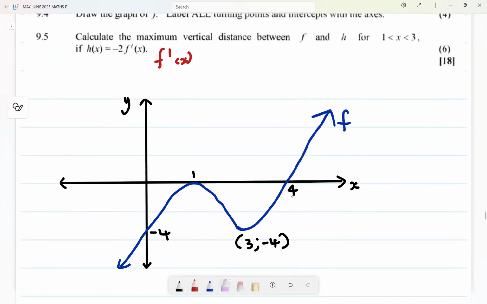But now the points that I need are what? 1 is going to be my first x-intercept, and then 3 is going to be my other intercept. And then my point of inflection, which is 2, is going to be my turning point here at 2. So my graph is going to look something like this.